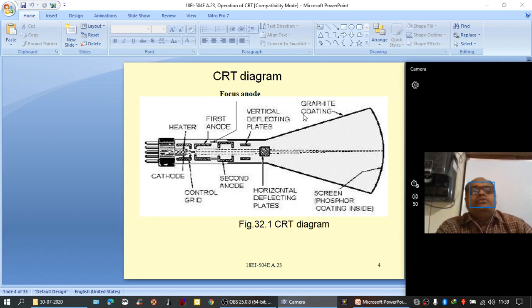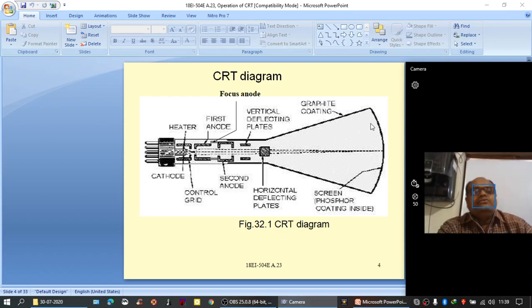The graphite coating has the property of absorbing all secondary emitted electrons, and all those electrons will be attracted towards the graphite coating, because this graphite coating also would be maintained at the second anode potential, a high positive potential.